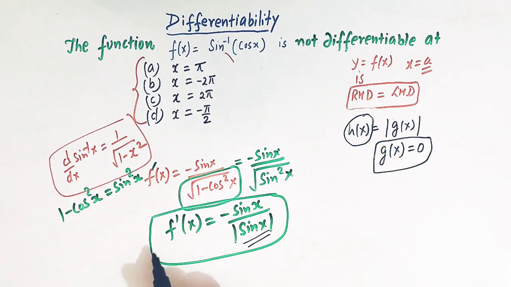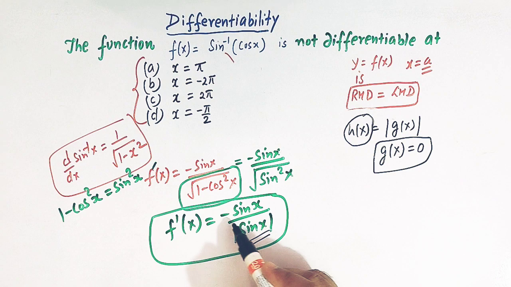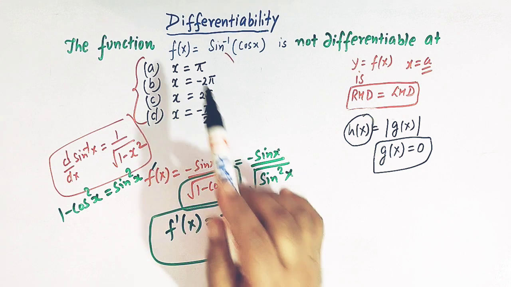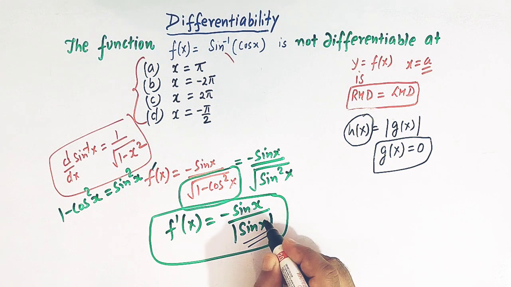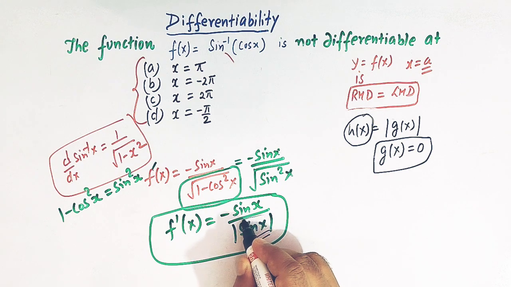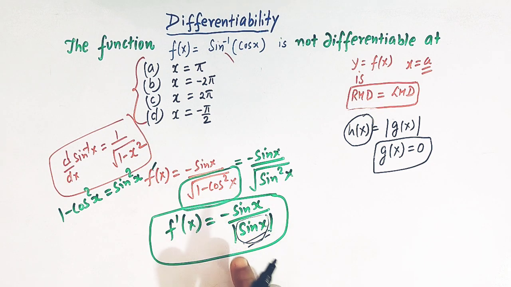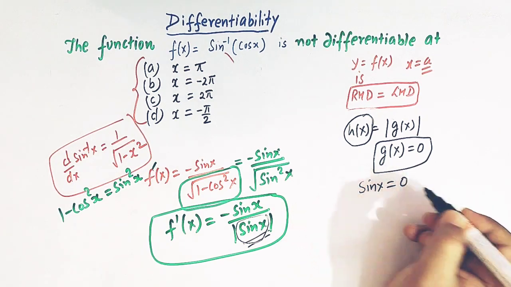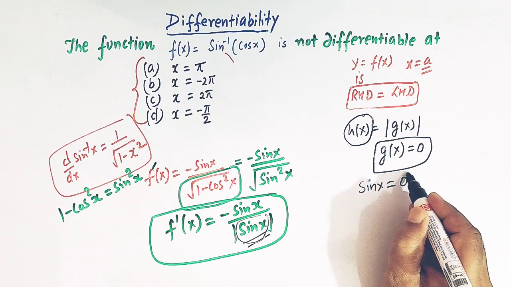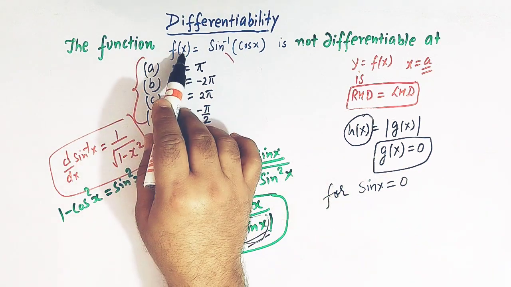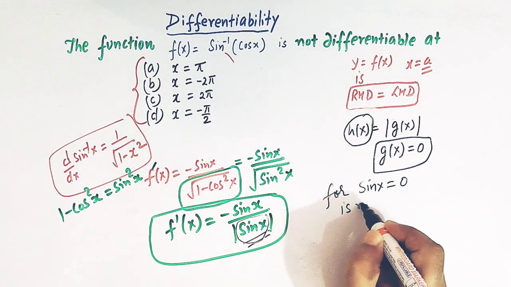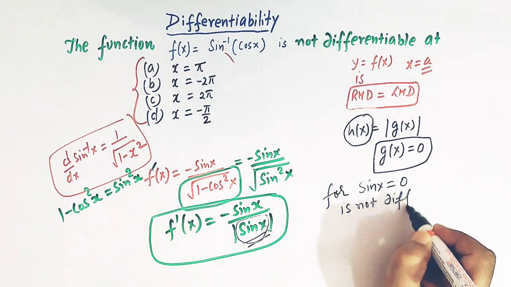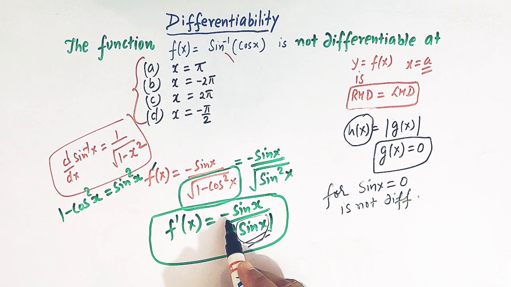Here f prime of x is minus sine x over mod of sine x, so f of x is not differentiable at those points for which the quantity inside the mod symbol is equal to 0.